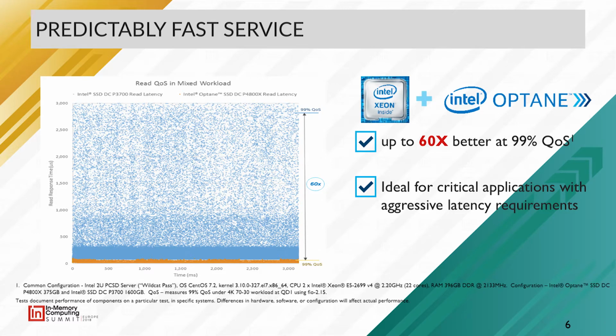This is another key attribute I want to touch upon: predictably fast service. If you see the orange bar on the bottom of the chart, that's the quality of service. It's always consistent, as opposed to the rest of the NAND-based SSDs plotted all over the chart.